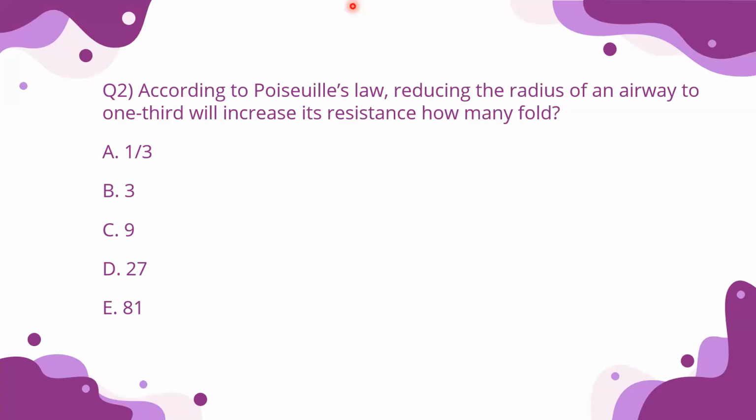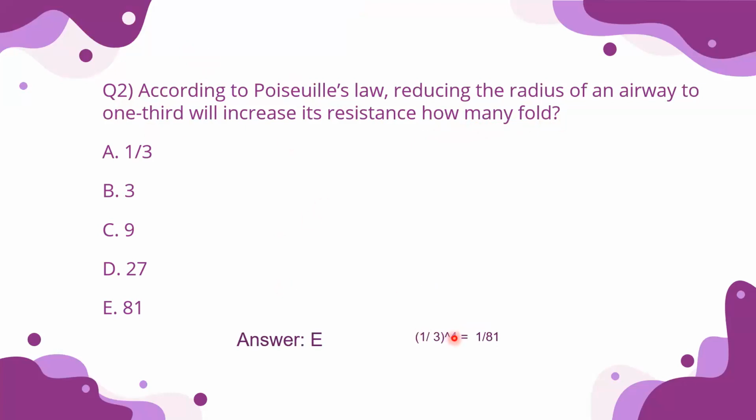All right. A lot of you have said E, which is the correct answer. And why is that? Because we talked about how in the equation for resistance, the radius has a power of 4. So they're telling you they're reducing the radius of an airway to 1/3.